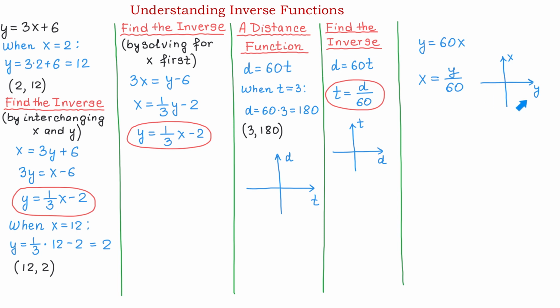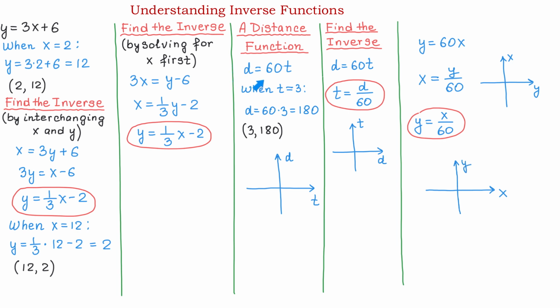And to avoid this confusion, we just need to interchange x and y. So if in place of x we write y, and in place of y we write x, then now we have the function y equals x over 60. And now in this function, x is the input and it is related to the horizontal axis, and y is the output and it is related to the vertical axis.